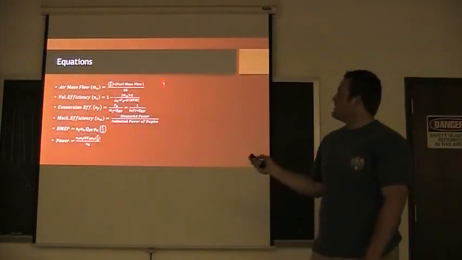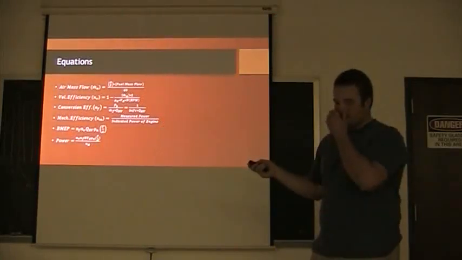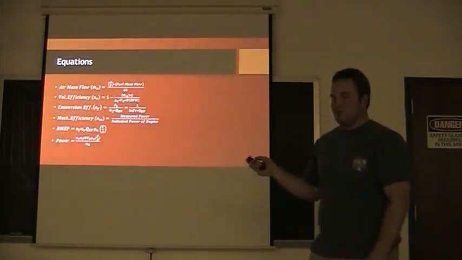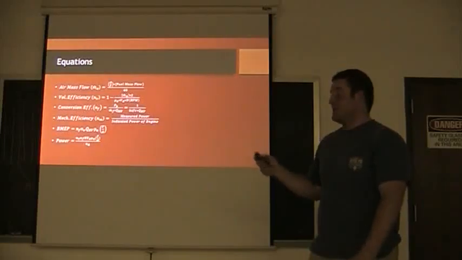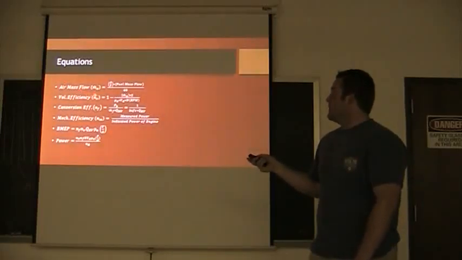Here are some equations that we're going to use to calculate the information on the engine for this lab. We've got air mass flow, volumetric efficiency, conversion efficiency, mechanical efficiency. This is the brake mean effective pressure, and then of course power.